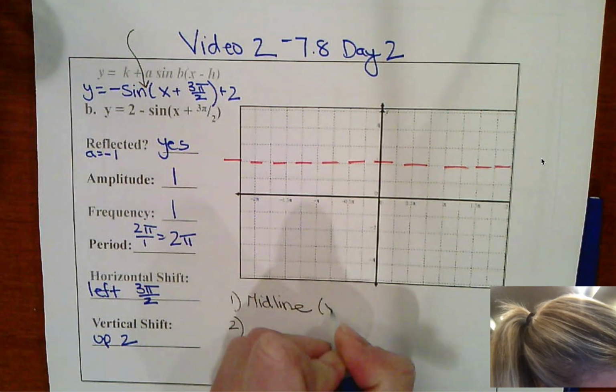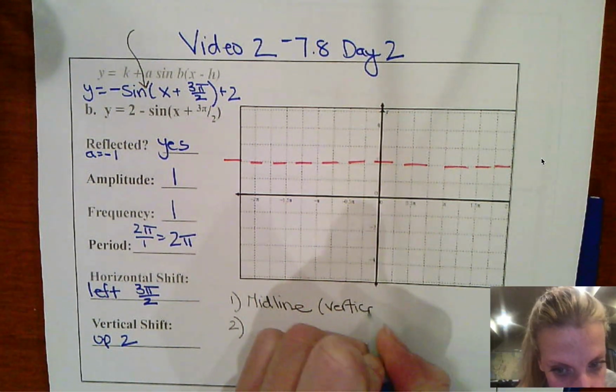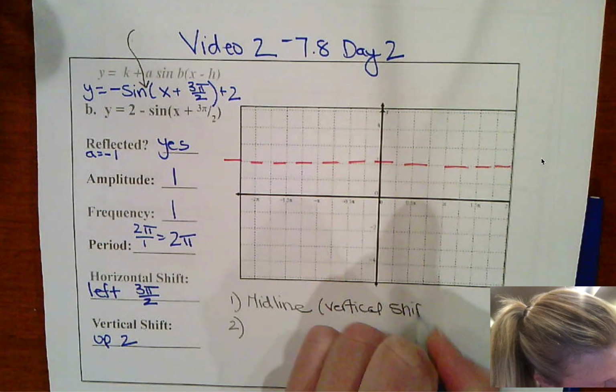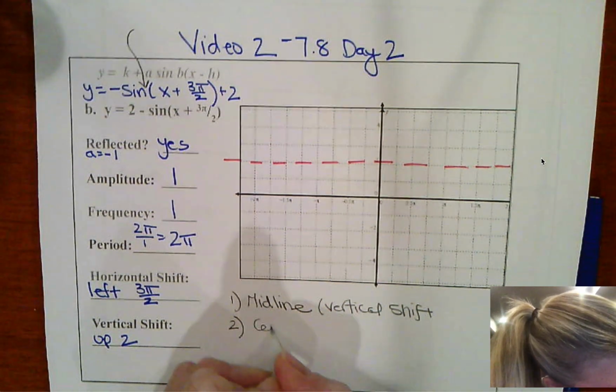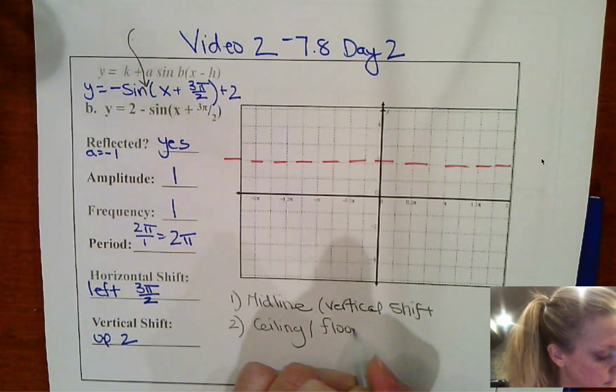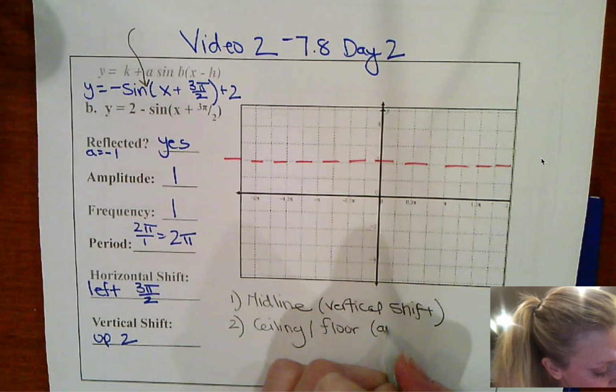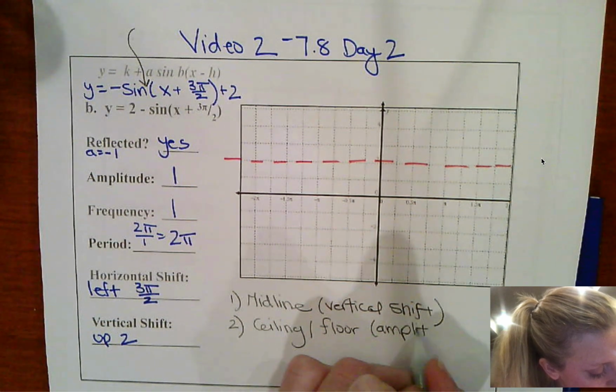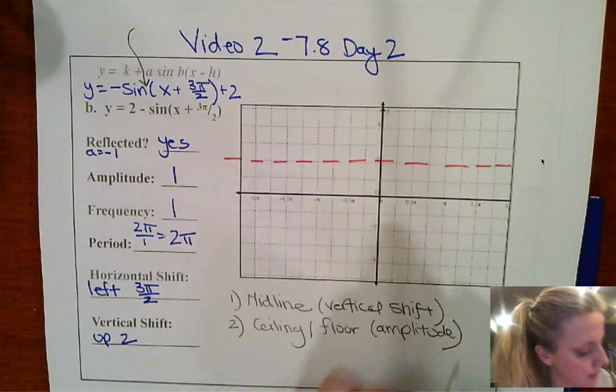So midline, that's the vertical shift. And then I'm going to do the ceiling and the floor. We're going to get that from the amplitude. It's kind of nice to have an order of how to do things.